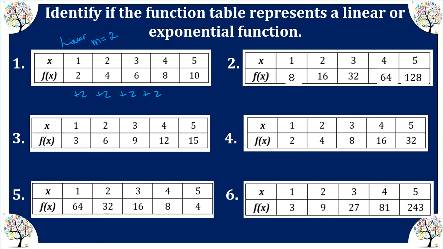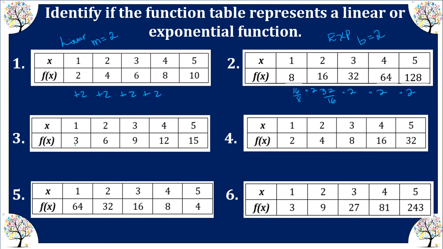Our next one, we're going from 8 to 16 to 32 to 64 to 128. We can make all of our ratios like we just learned, but we can easily see that we are multiplying times 2, times 2, times 2, times 2. So this one is an exponential function, and the b value, the multiplier, the base, is 2.